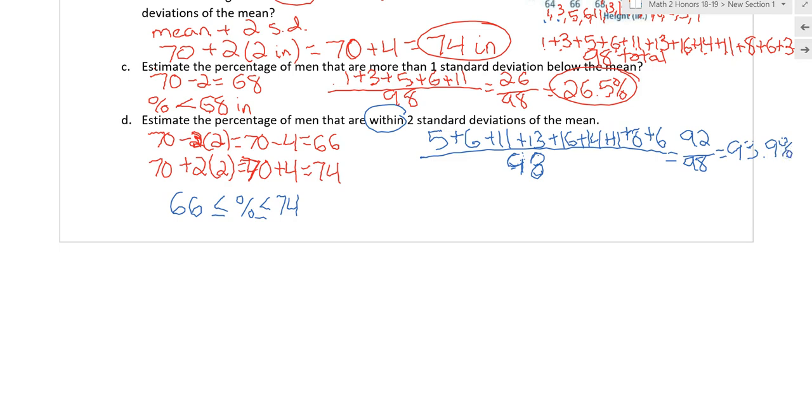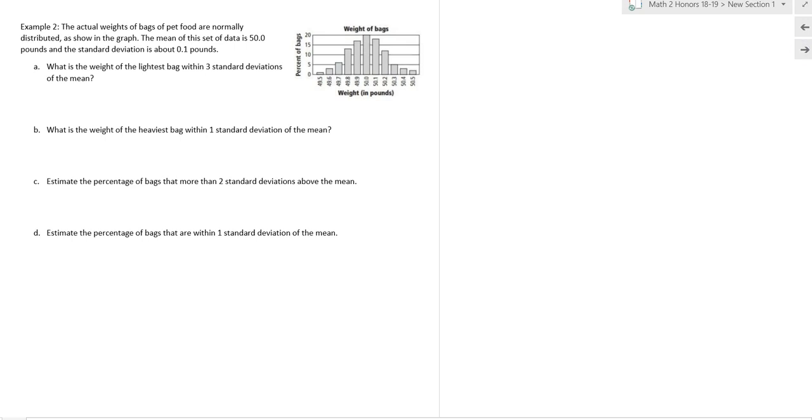And that's very common to have that much of your data within 2 standard deviations. Getting more than 2 standard deviations is getting well out of the realm of your probability. Okay. All right, let's look at one more example like this.